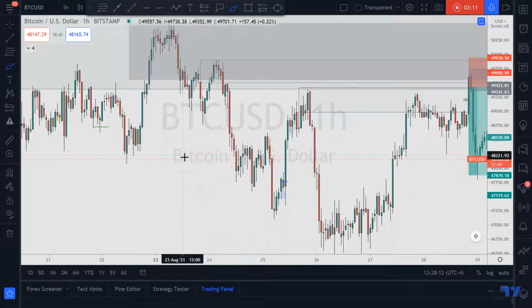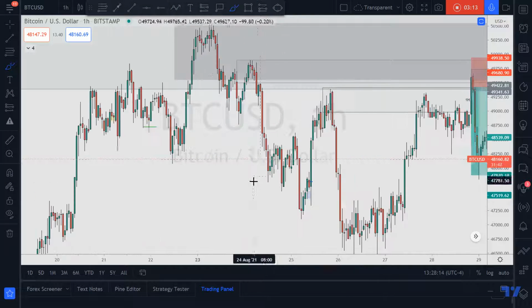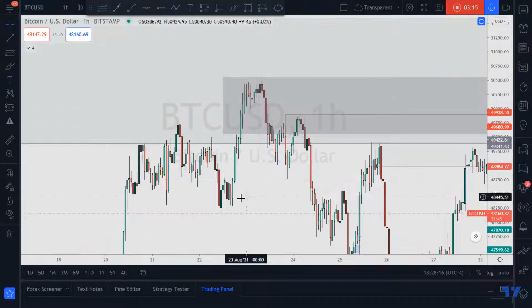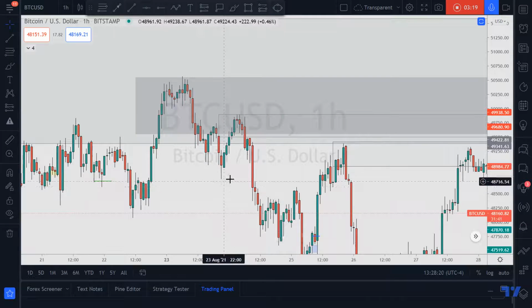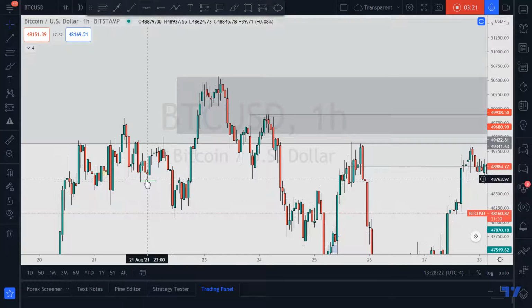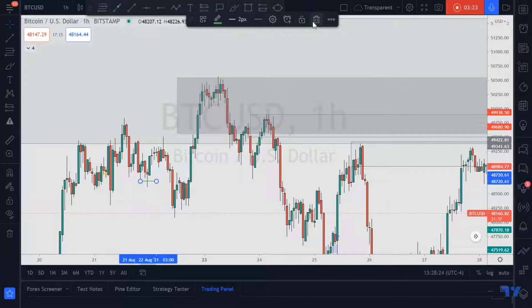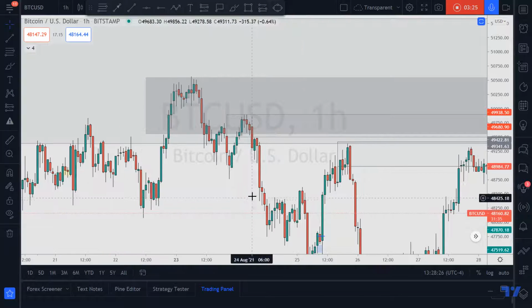So with those things in mind, there are other things I look for. I look for trend line breaks on the lower time frames and other things that I go over with my mentees at my group.